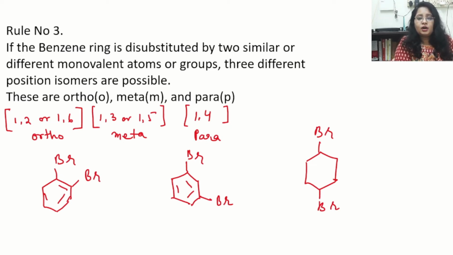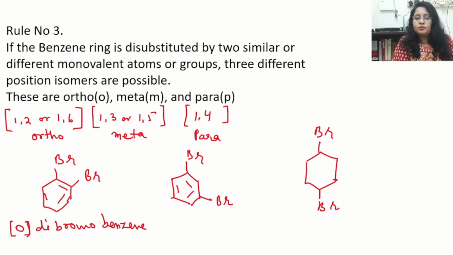Now let's have a look how to name them using ortho, meta and para. So in 1,2 or 1,6, we will write ortho. As a shortcut we will mention O and we will speak it ortho. Ortho dibromobenzene, because it is 1,2 position.